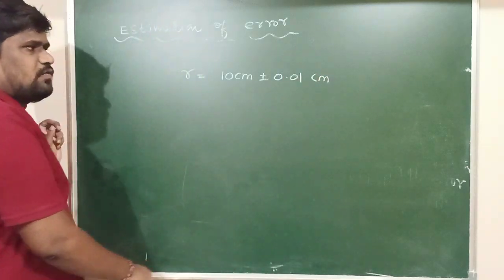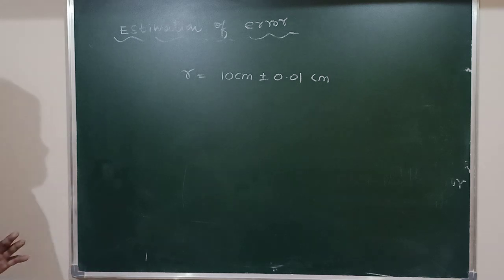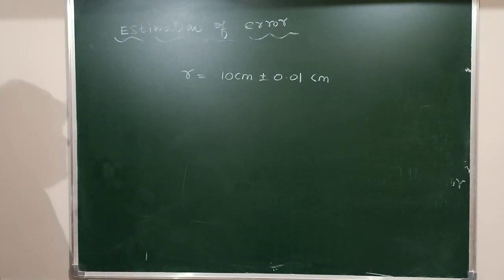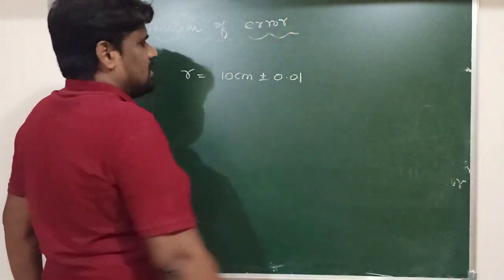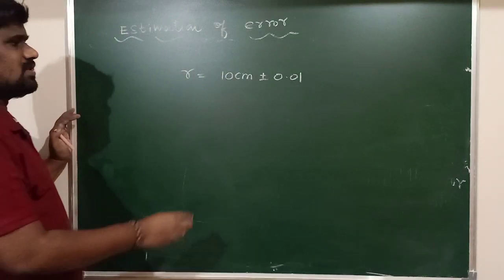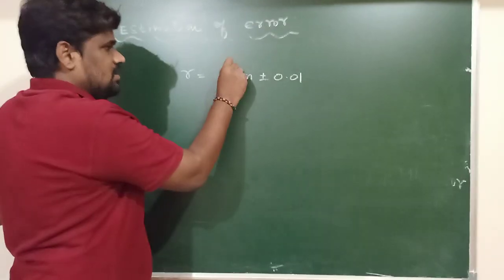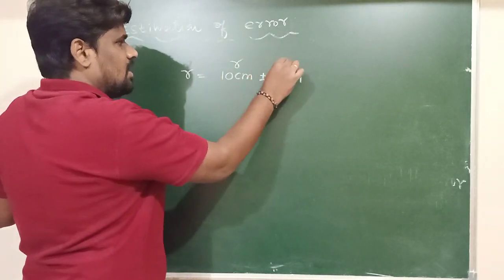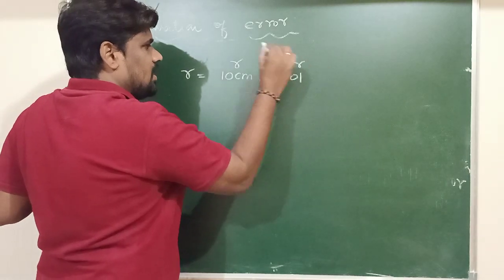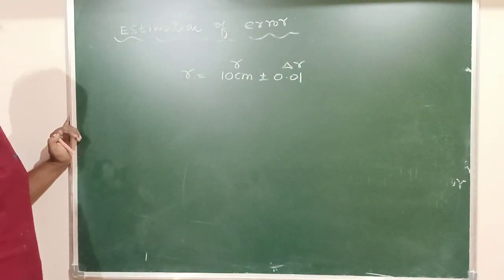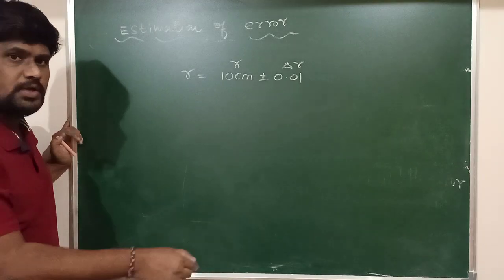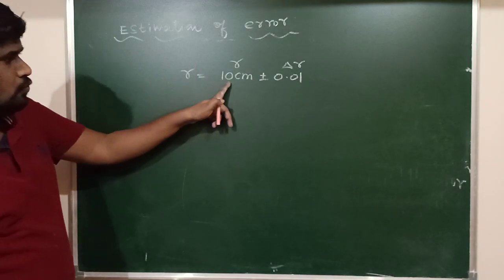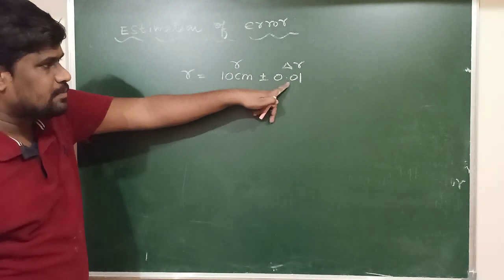The first value is the true value of the radius, and this delta r is the absolute error in the measurement of the radius.